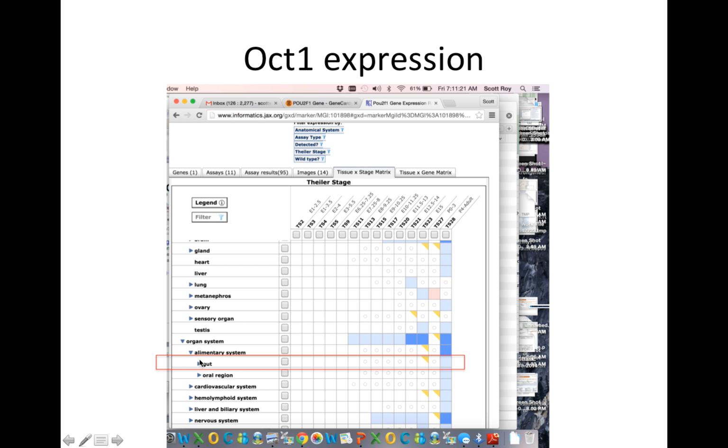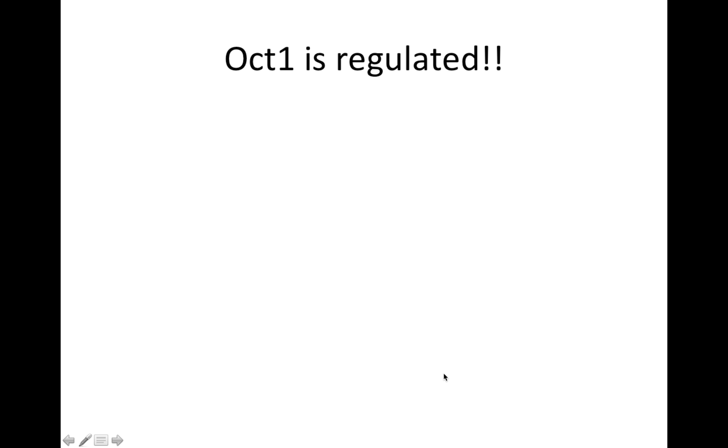And particularly we want to look at the gut because we're talking about digestion of lactose in the gut. And so what you see is that OCT1 is not expressed through all of development, and then it is expressed in the gut in adults. So this makes sense. So we said that OCT1 was on in adults and off in children or in embryos. So this means that OCT1 itself is regulated.